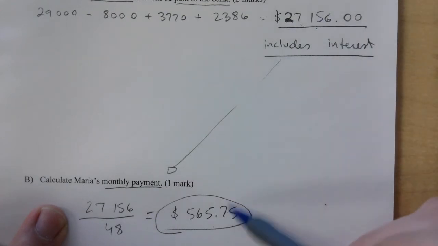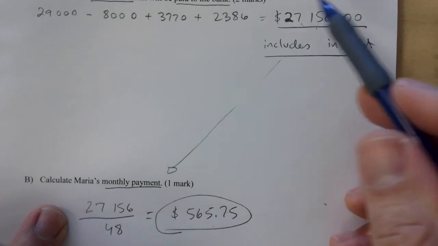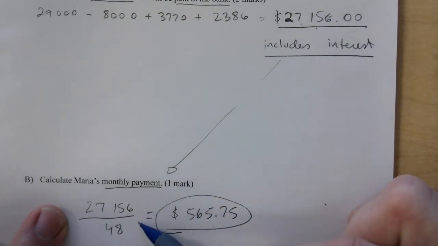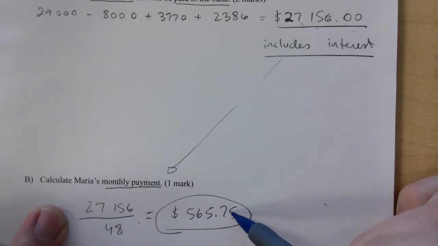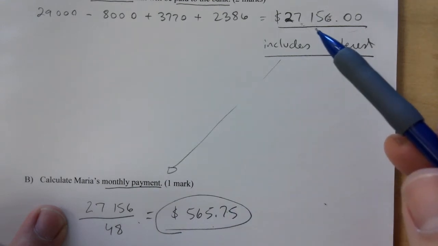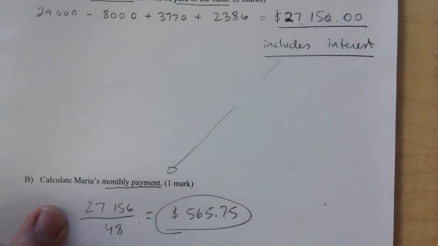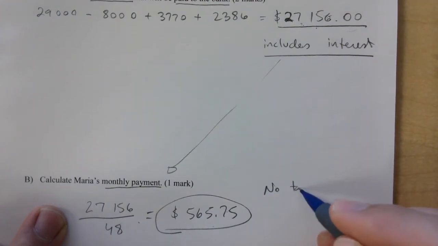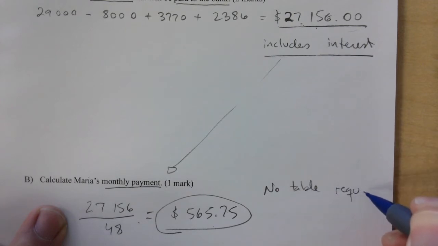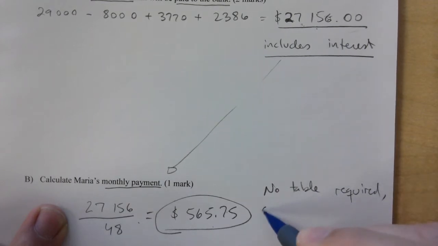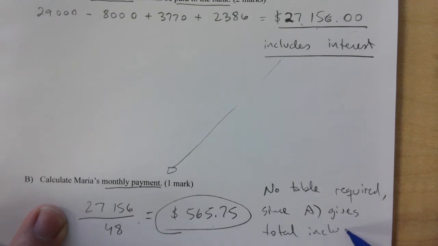Because the interest was included in here, we could just divide this by the number of payments to get our monthly payment. Otherwise, we would have needed a table, right? If this is how much you borrow, for example, then you need a table to come up with the payment. So no table required, since it gives the total including interest.